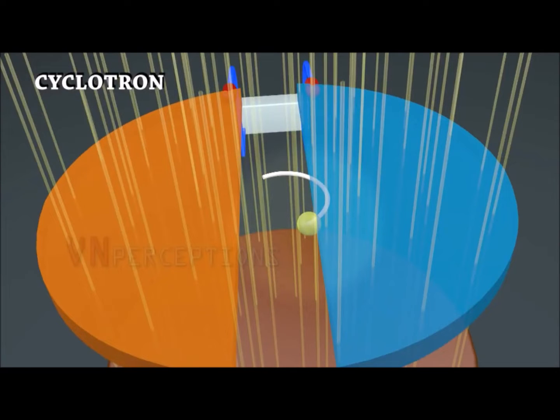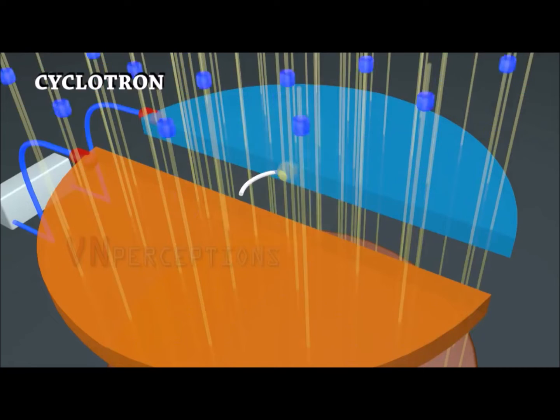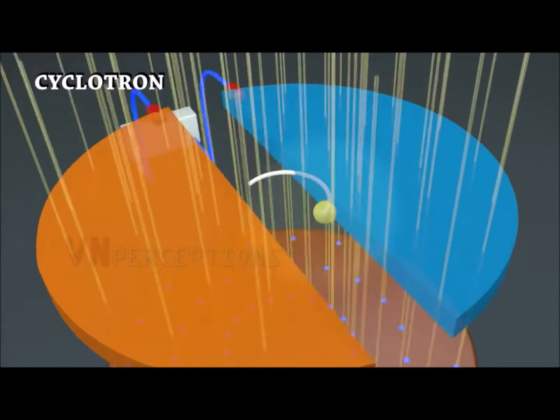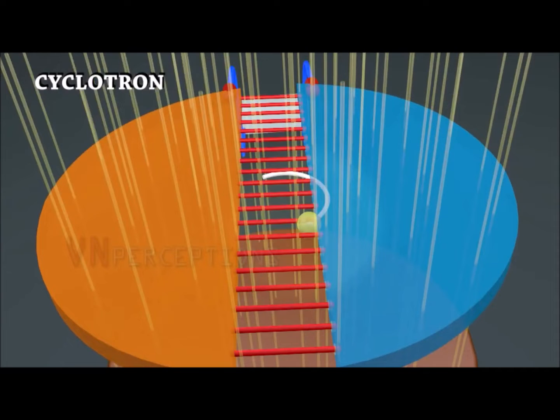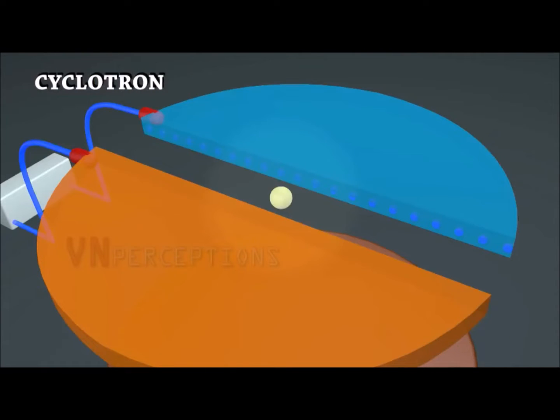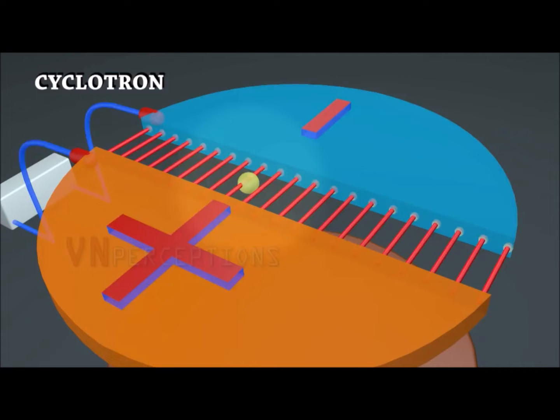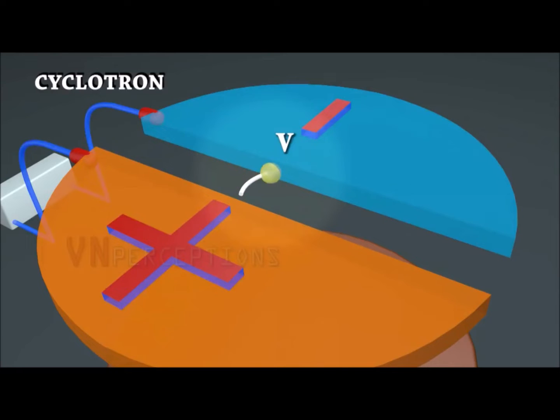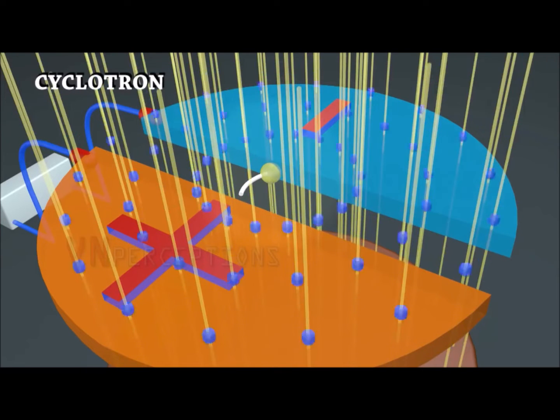If the time taken to complete one circle is t, then the time taken to complete a semicircle would be t by 2. As soon as the particle comes to the end, it is influenced by the electric field. When the particle was born, its velocity was 0. When it enters the D, its velocity is v, and it is constant because the magnetic field cannot change the velocity.